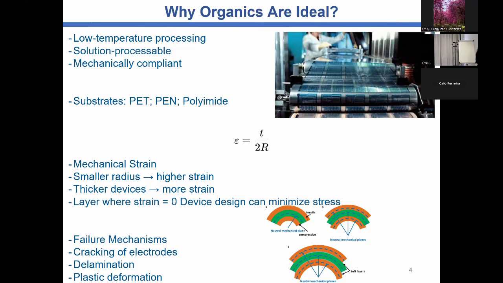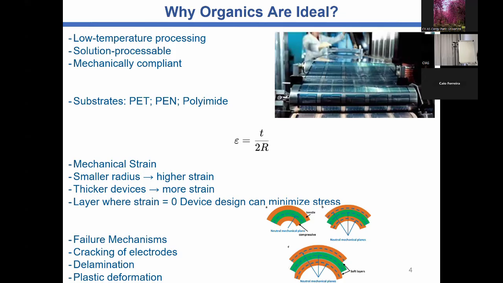We can use this low temperature to process films through solution. Solution processable films allow printing over large areas with different techniques. This is one example, but I'll talk more about different techniques later.